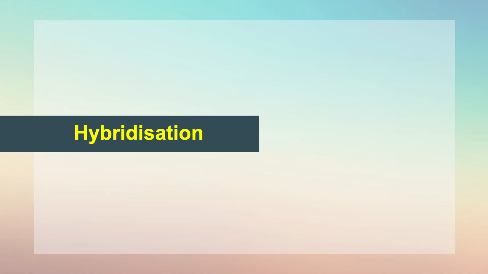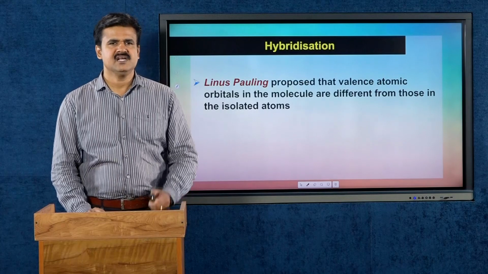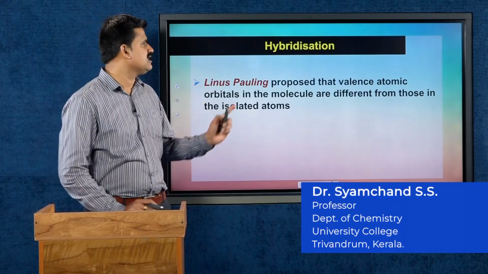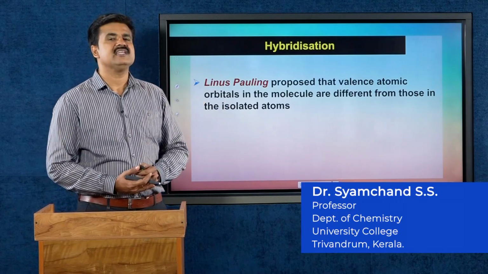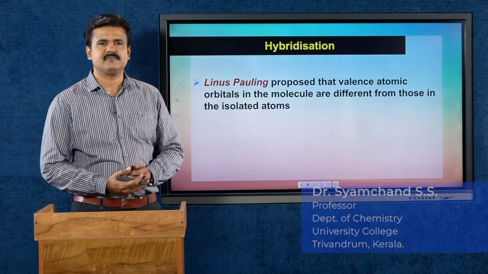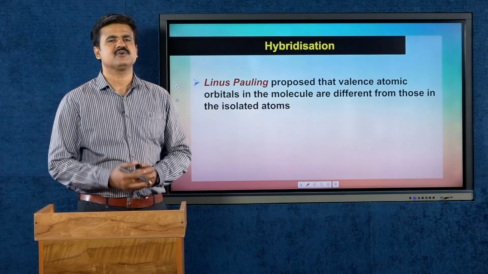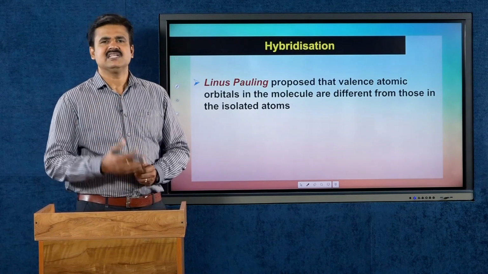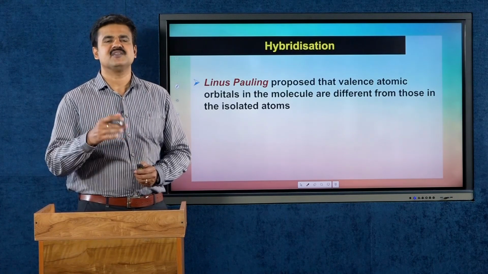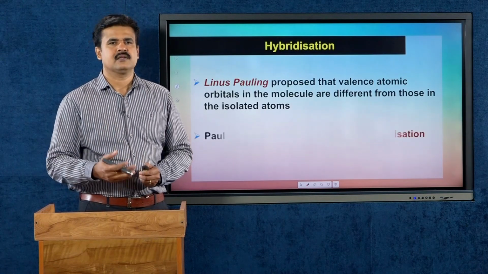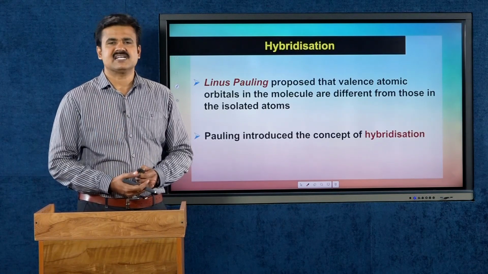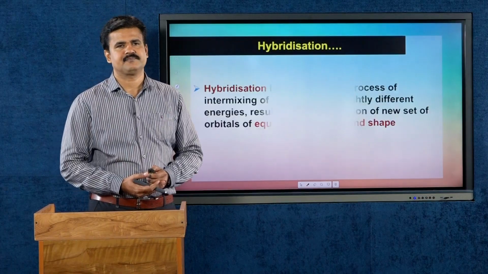First of all, hybridization. Linus Pauling proposed that the valence atomic orbitals in the molecule are different from those in isolated atoms. This simply means that when atoms combine together to produce a molecule, the valence atomic orbitals change. Pauling introduced the concept of hybridization.